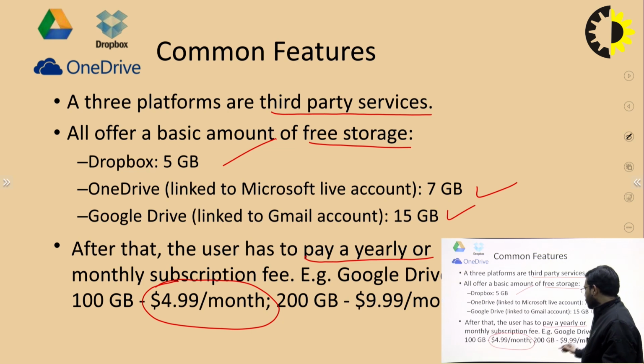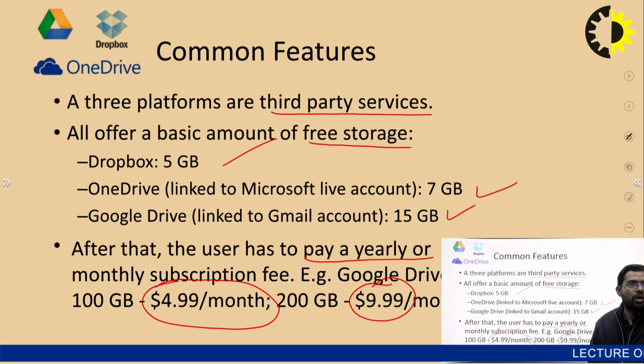Okay, 200 GB on Google Drive is $9.99 per month, like around 850 or 900 rupees per month. So these are the common features of the 3 platforms.